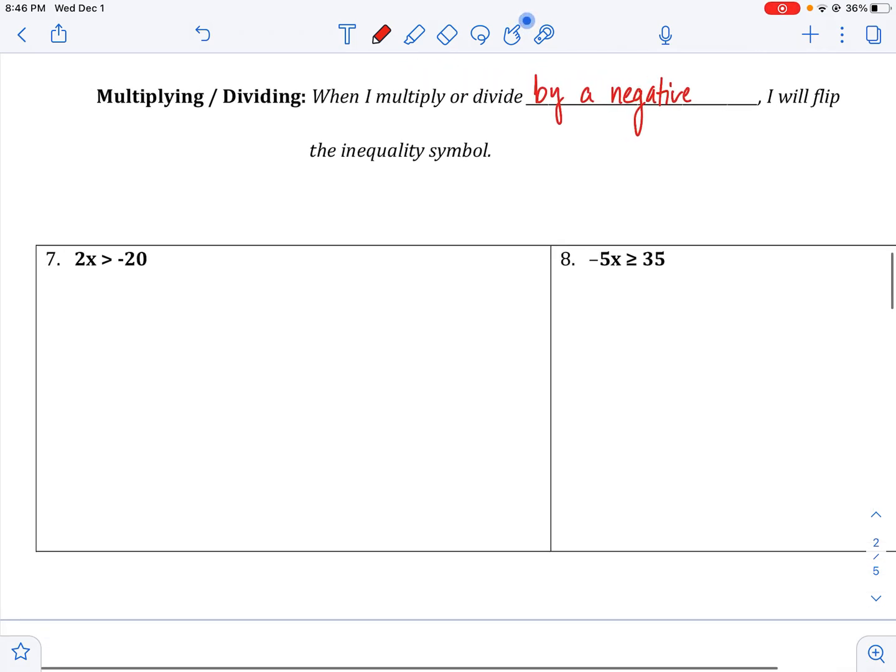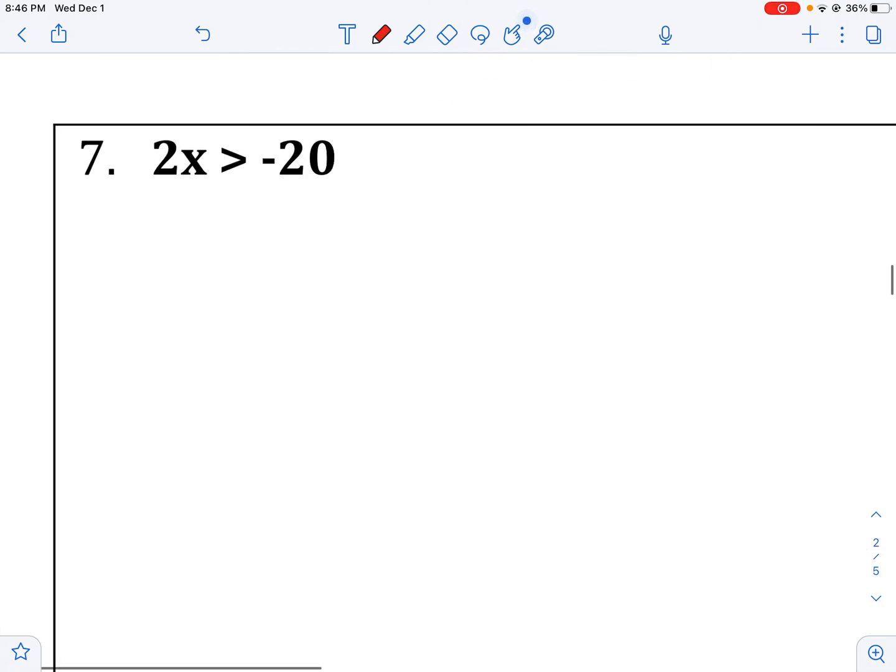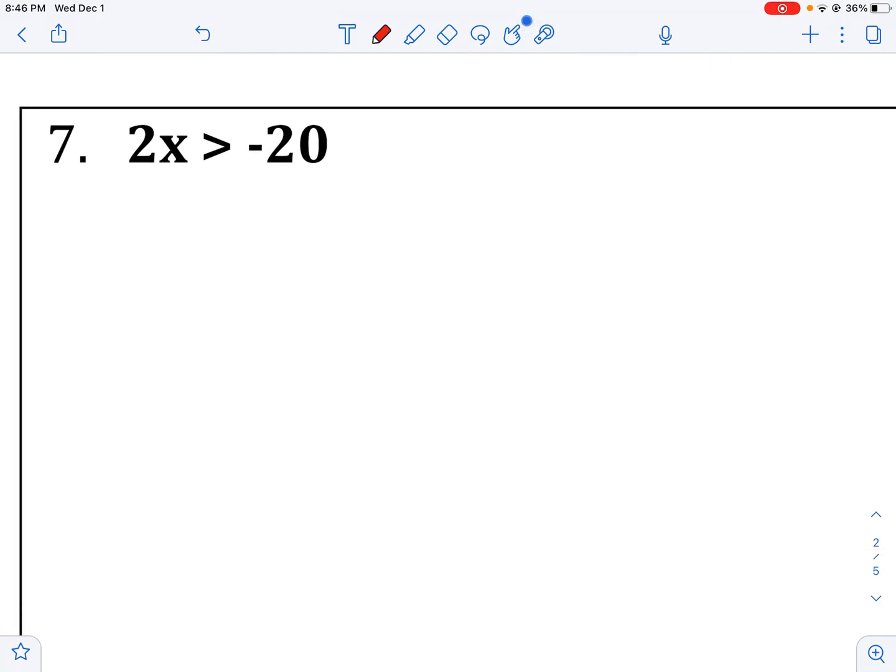So for example, here, if I have to divide by a positive 2, so look at this here, I divided by a positive 2. The number I divided by on both sides was a positive. I do not need to flip my sign because I multiplied or divided by a positive, not by a negative.